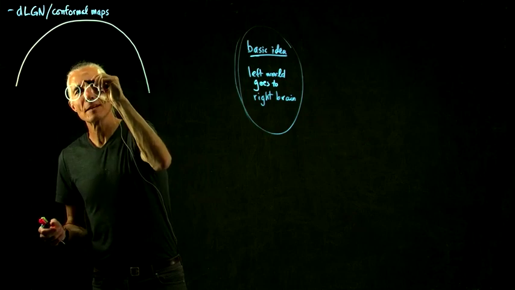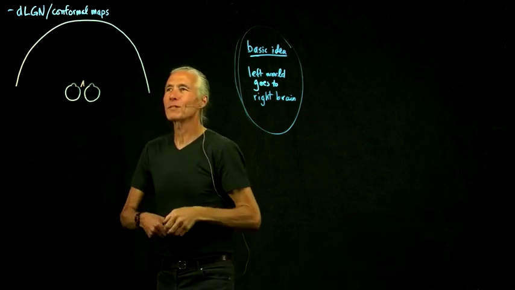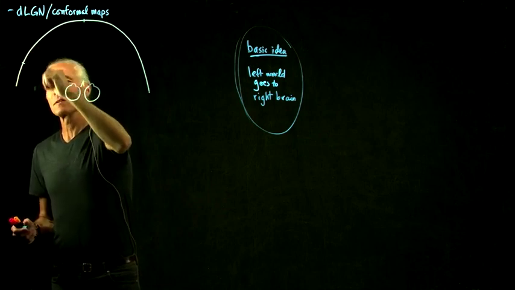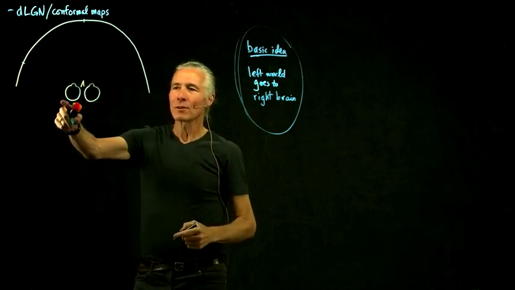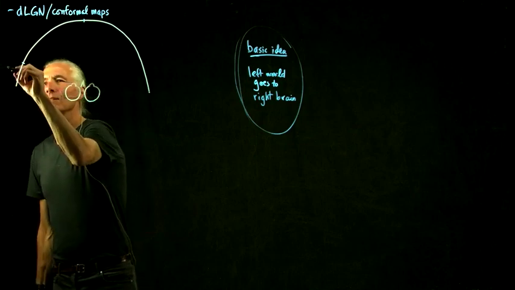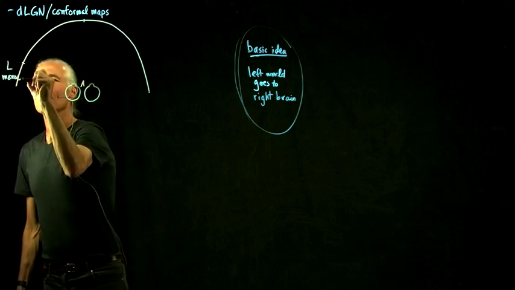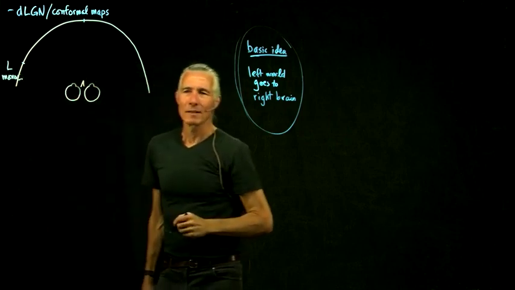Here's the nose right here. And then we can divide up the visual field into 4 parts. There's a part of the visual field that you can only see with your left eye. That one is called the left monocular. So that's only visible with the left eye.